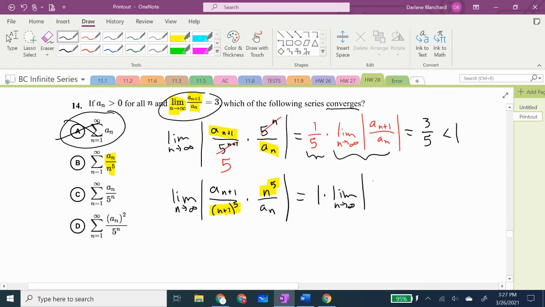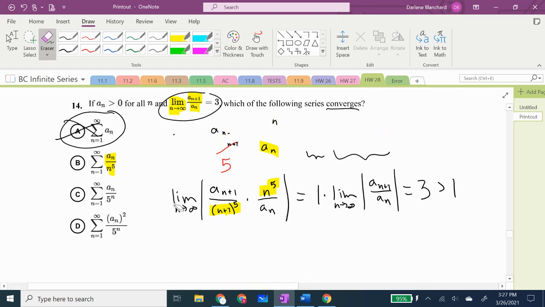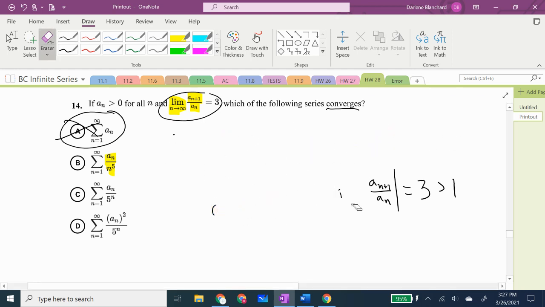And then I'm looking at the answer to this limit that I know is 3 times 1, and that's greater than 1. Diverge. So the second one is definitely out. And we've got one more to take a look at.